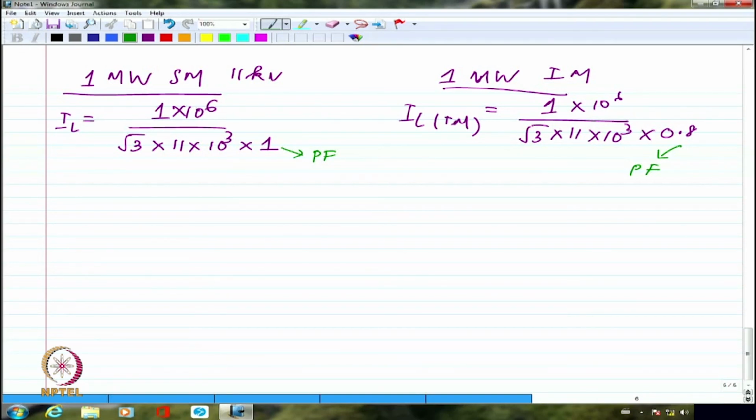I can also say that if I am putting higher current through the entire cable, the entire distribution system, I am probably going to have more losses as well. So the induction machine will bring down the efficiency quite a bit because of the power factor considerations, whereas the synchronous machine will have a better efficiency because the current drawn itself is somewhat lower.